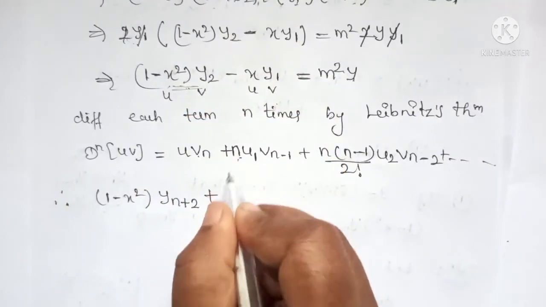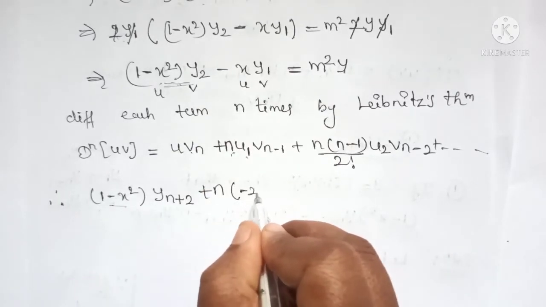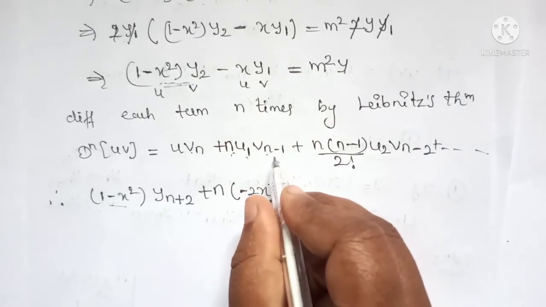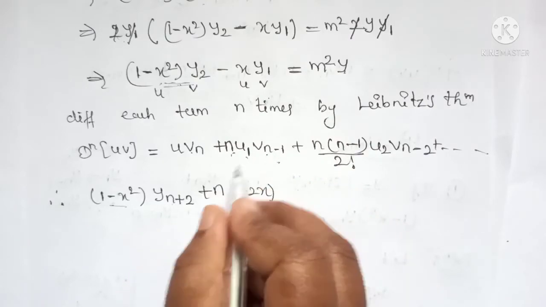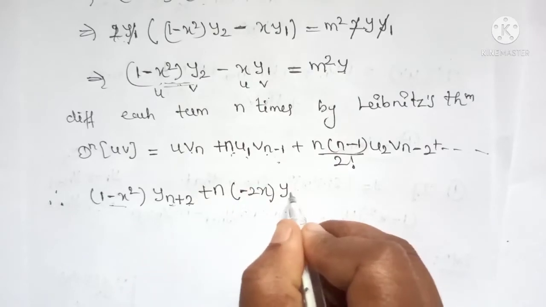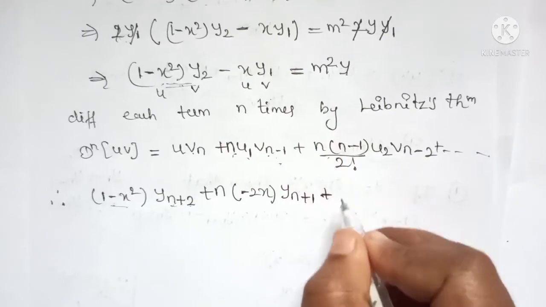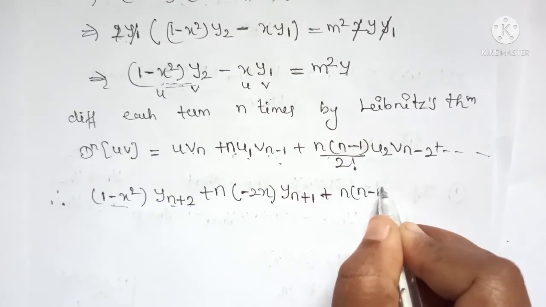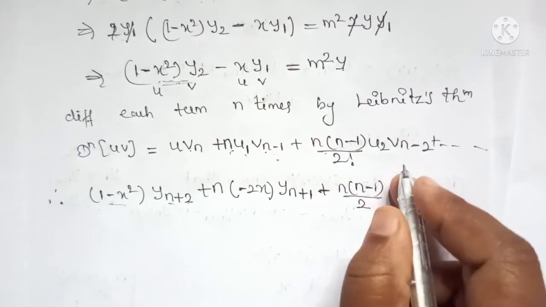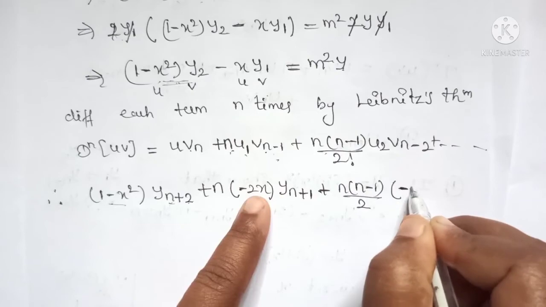Plus this constant n, u1, the differentiation of this one, is minus 2x, v(n minus 1). Replacing n by n minus 1, in this case 2 minus 1 equals 1, therefore we get y(n plus 1). Next term, plus n into (n minus 1) by 2 factorial, u2 means the differentiation of this, minus 2x, whose differentiation is minus 2.